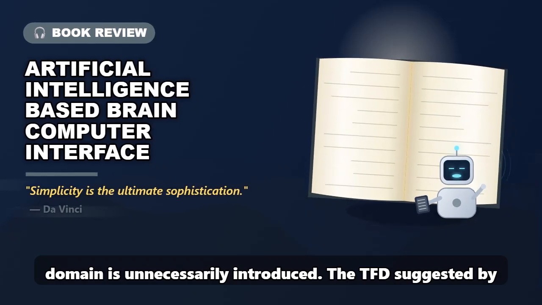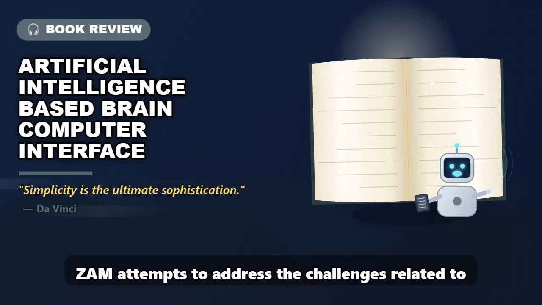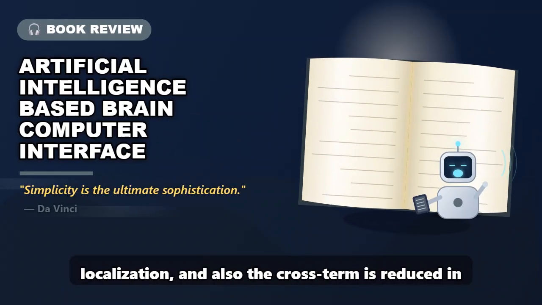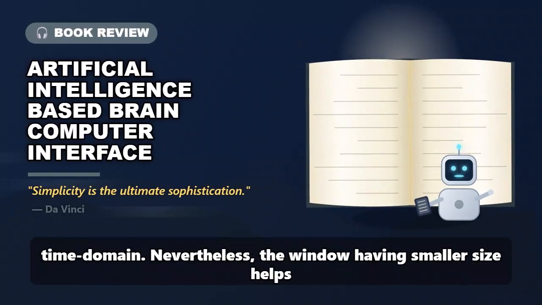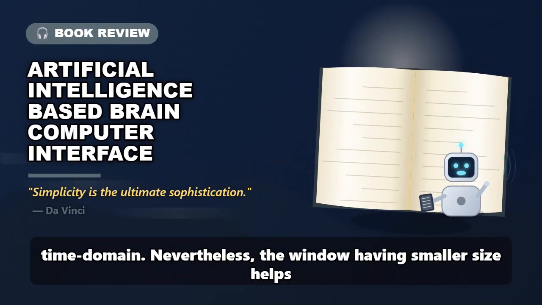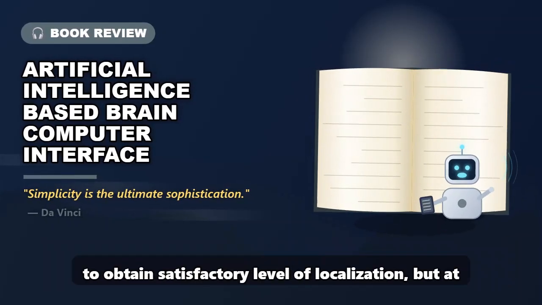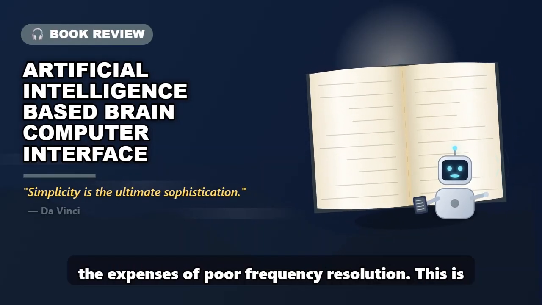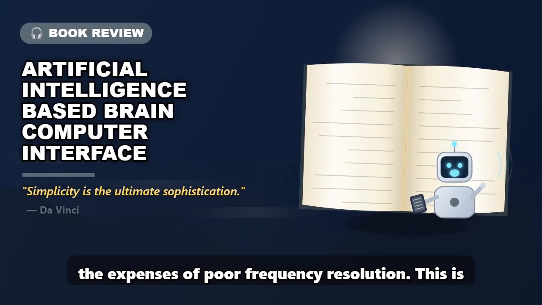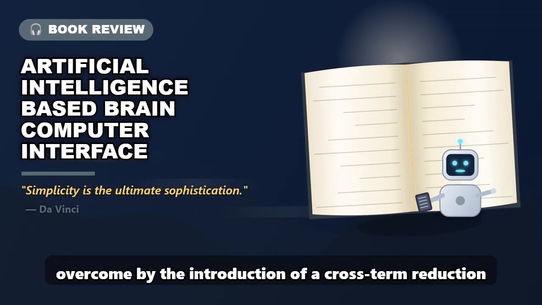The TFD suggested by ZAM attempts to address the challenges related to localization, and also the crossterm is reduced in time domain. Nevertheless, the window having smaller size helps to obtain a satisfactory level of localization, but at the expense of poor frequency resolution. This is overcome by the introduction of a crossterm reduction window in frequency domain by SPWVD.